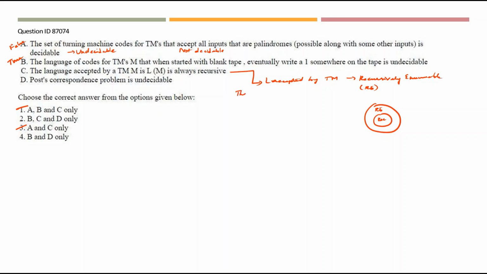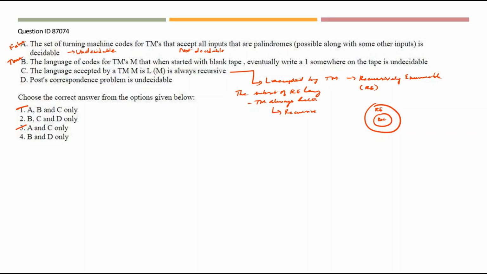The subset of recursively enumerable languages accepted by Turing machines that always halt are called recursive. When the Turing machine halts, it is recursive because this is a subset of the recursively enumerable part.